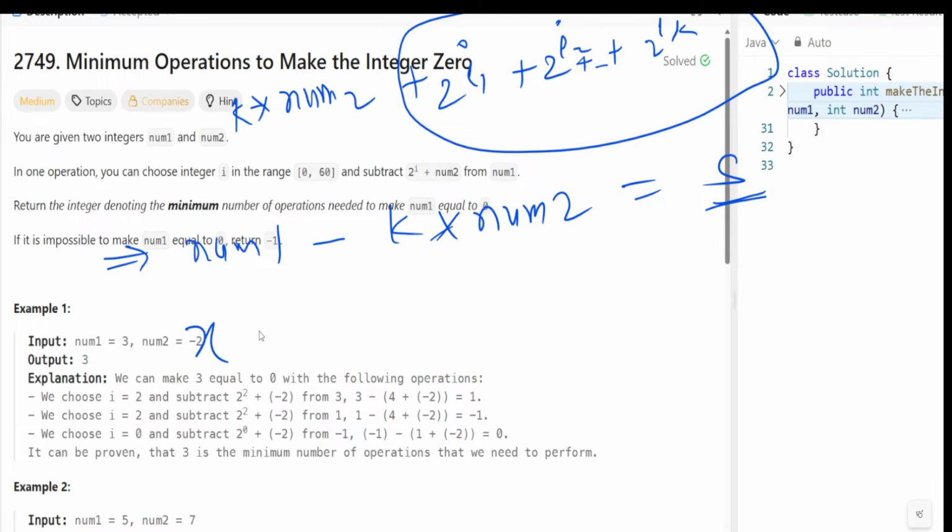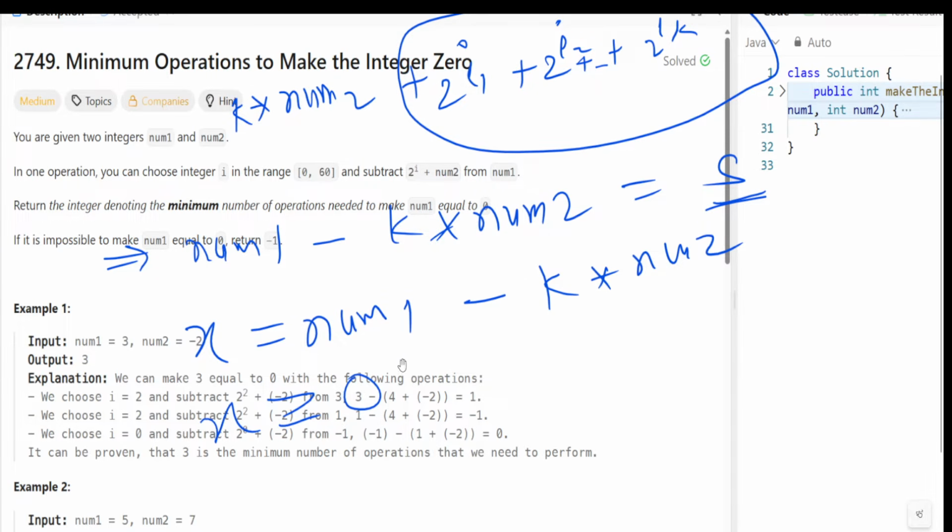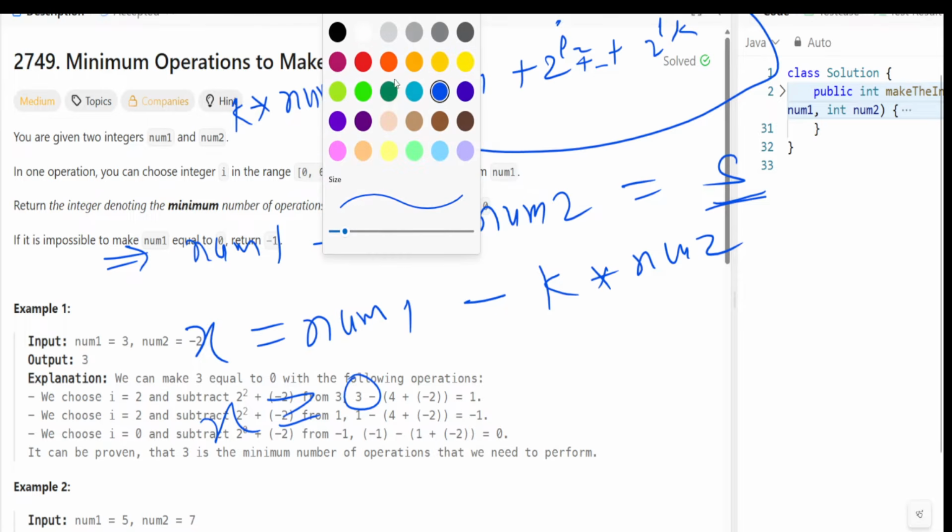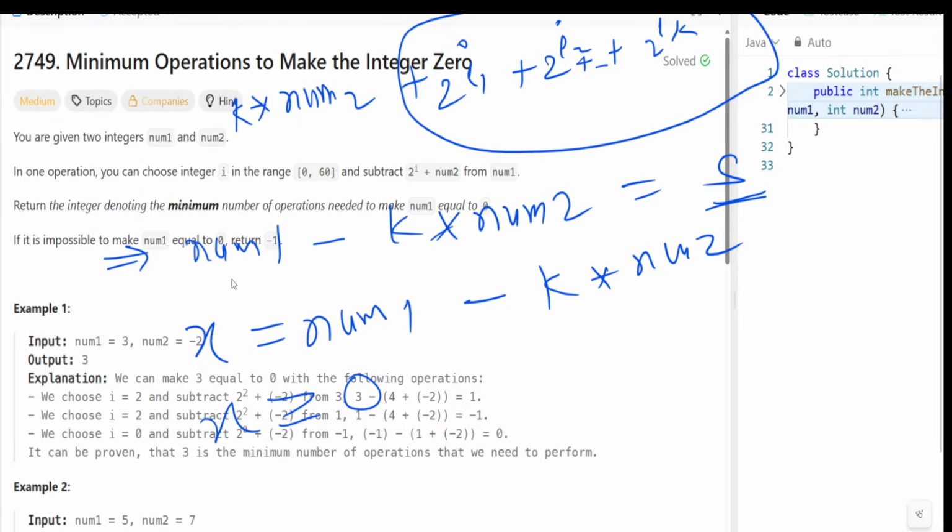Let's suppose we have num1 minus k into num2, where x will be greater than or equal to 0, so that it will not go to negative values. So let's try to understand. Okay, very first I'm saying if num1 minus k into num2 is equal to s, where s must be the sum of exactly k powers of 2.